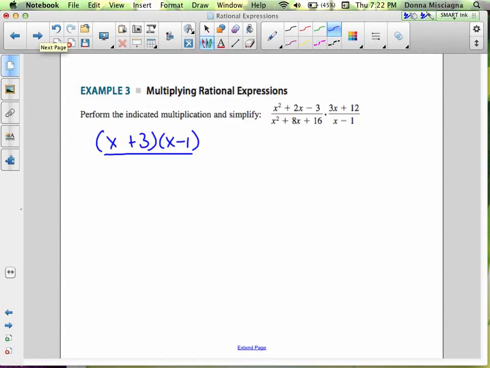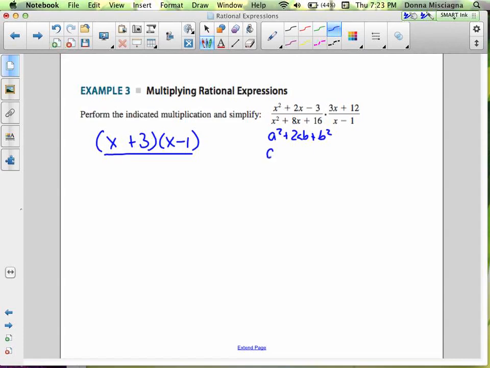Well, that is a perfect square trinomial, right? We have that pattern there, a squared plus 2ab plus b squared, right? Because the 8 there would be 2 times 4 times x, and the square root of 16 is 4.